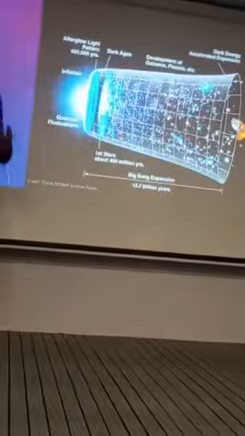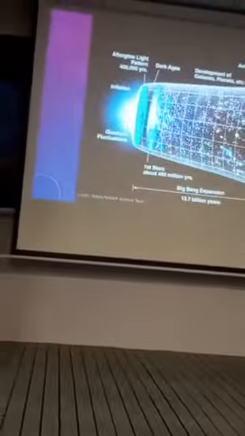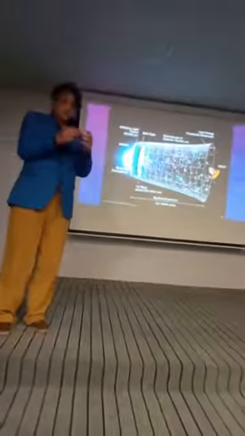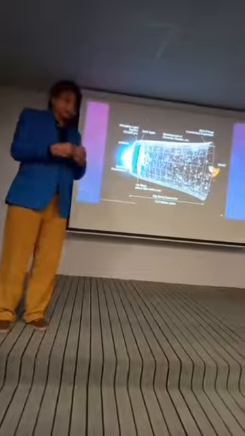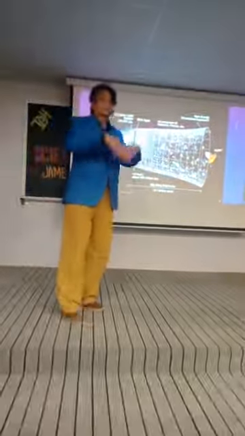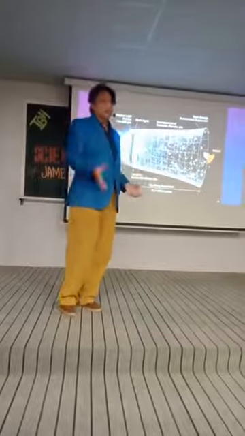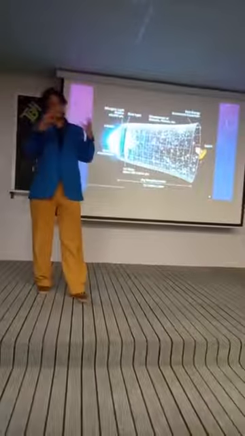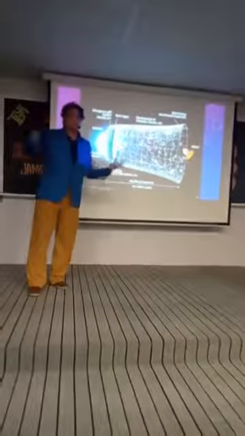This is how long it took for those hydrogen atoms to start colliding together to make a bigger mass. And as you know, a rolling ball gains mass. If you roll a ball in snow, it gets bigger and bigger. So that hydrogen started to get bigger and bigger and collect more and more mass.